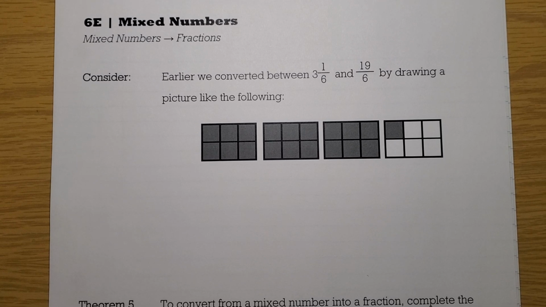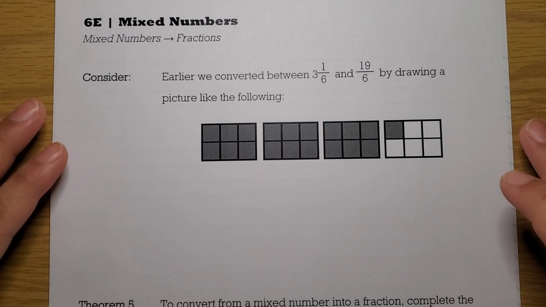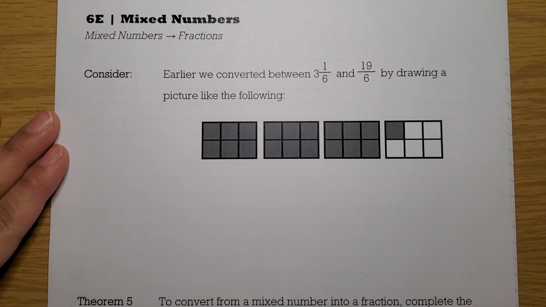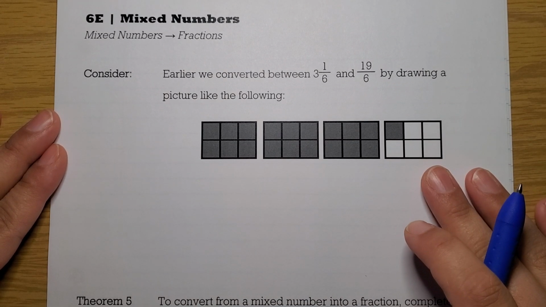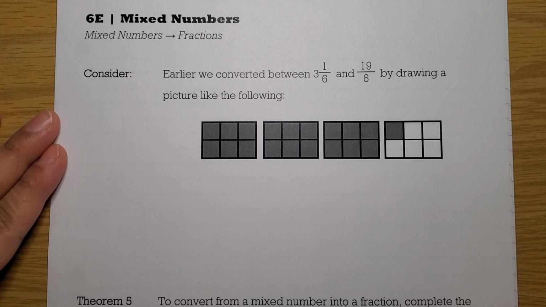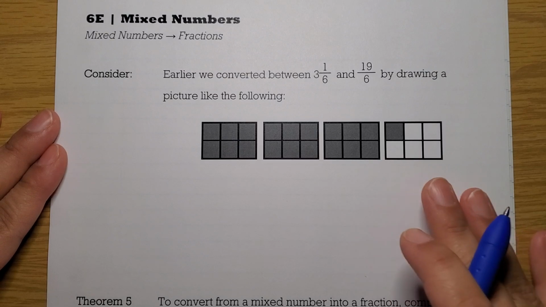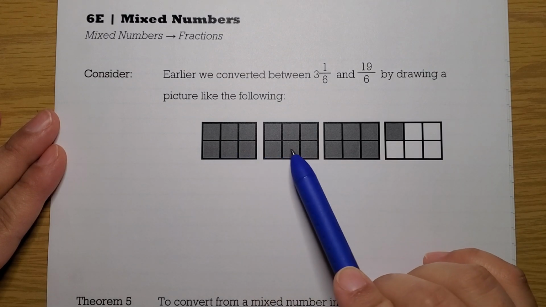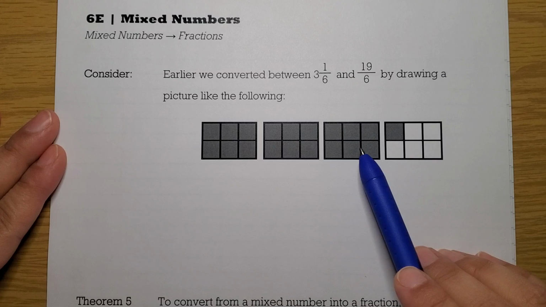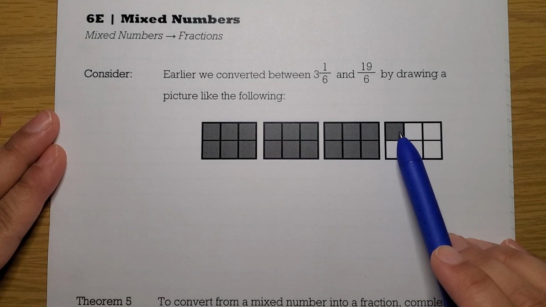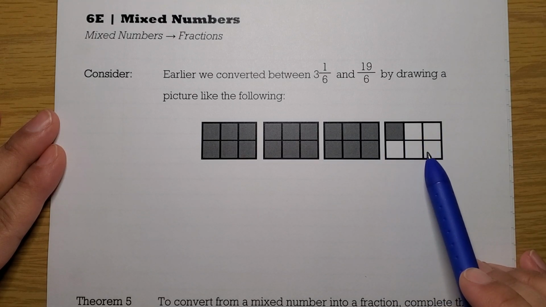Hi everybody, I'm Professor Rad, and today we're going to talk about how you can change from a mixed number into a fraction format. So we're going to start out with a reminder about how we used the drawing of fractions to convert between mixed numbers and improper fractions. So I've got a drawing here of 3 and 1/6. We can tell that because we've got 3 entire candy bars filled in, and then 1 out of 6 pieces in this last one.